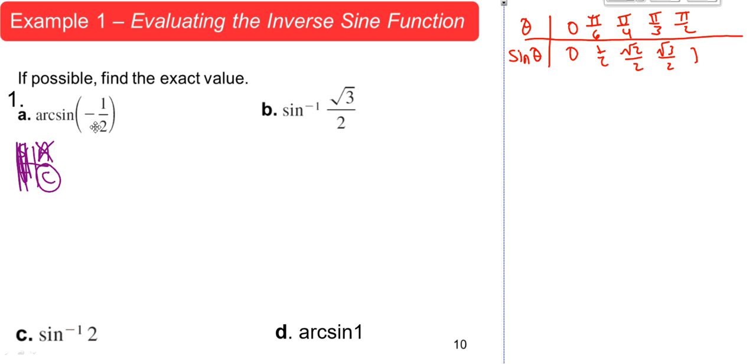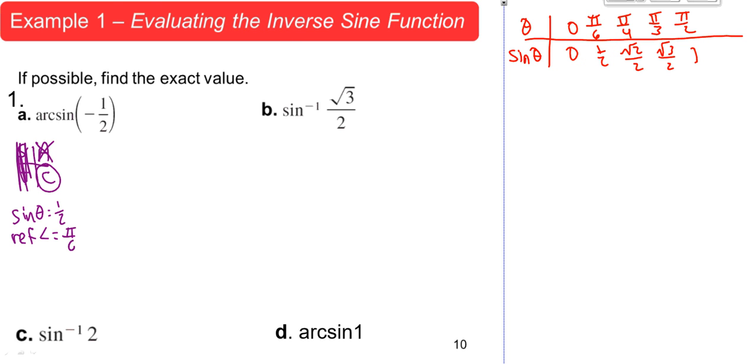And so then I'm going to look at my table of values, and I'm going to say, okay, I want to know when the sine of theta is 1/2, what would be my reference angle? And so I go over here to sine, I look for 1/2, and that happens at pi over 6. So my reference angle is pi over 6.